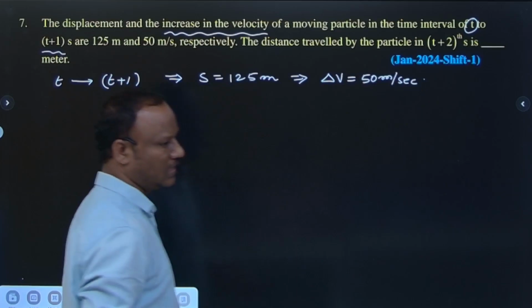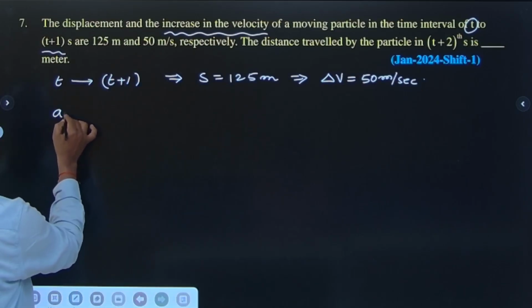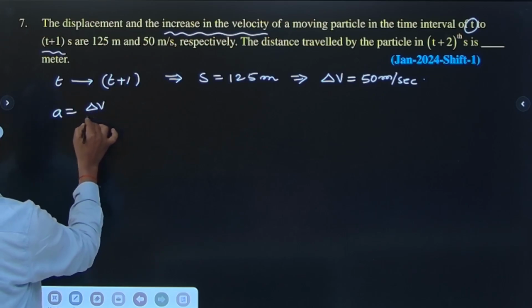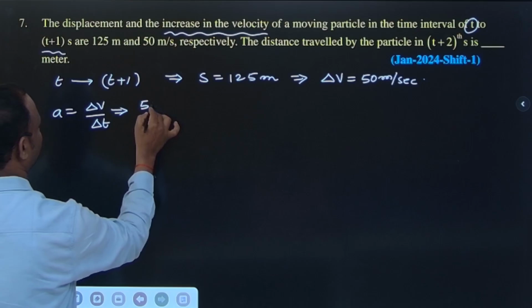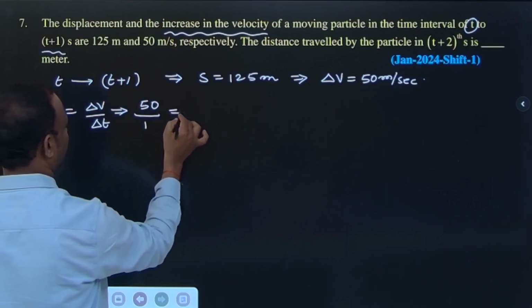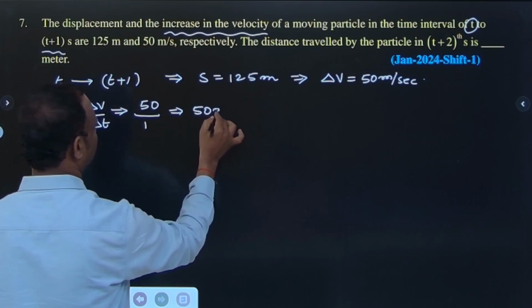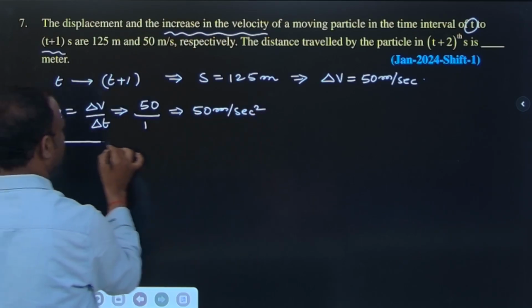So we need to calculate the acceleration. Acceleration a is equal to delta v by delta t. Delta v is 50, and t to t plus 1 means the time interval is 1. So it's 50 meter per second square. So this is the acceleration.